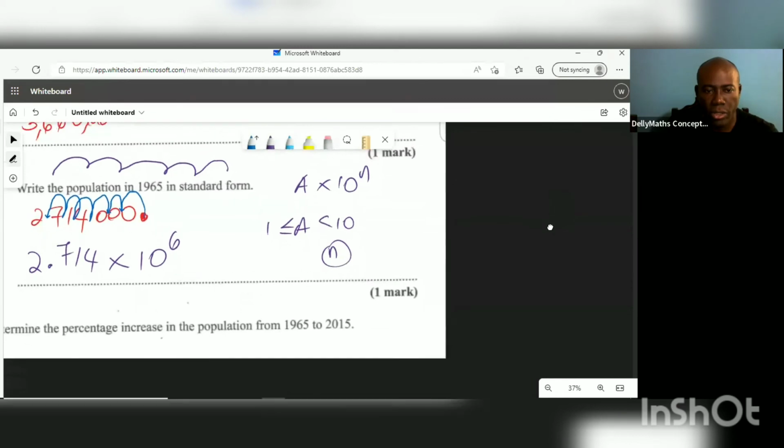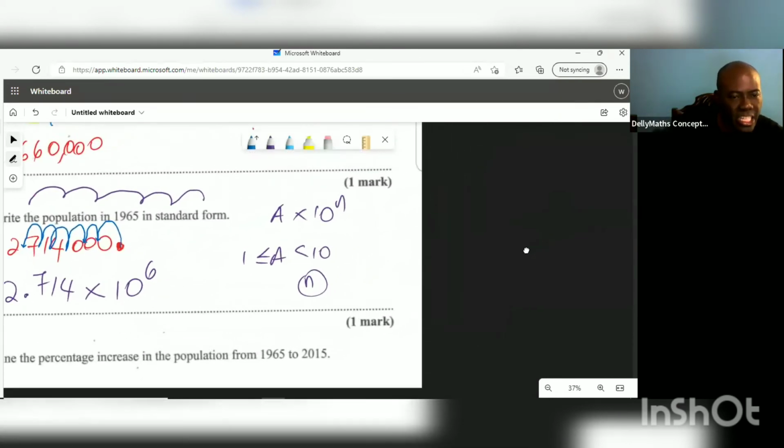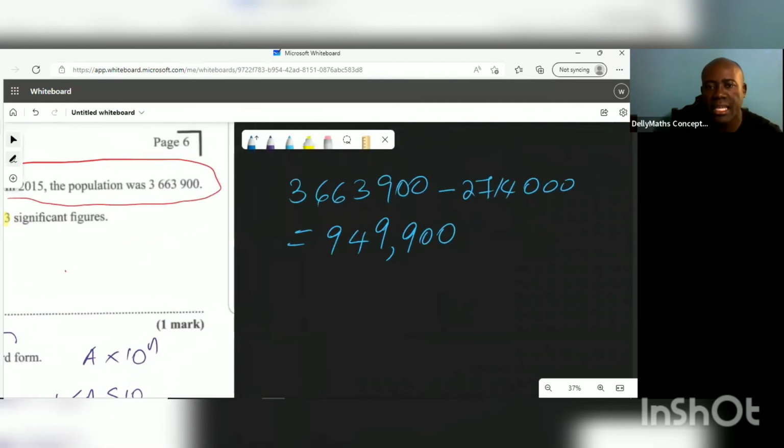But remember now, we must determine the percentage increase in the population. So this is the increase that we're looking at here, but we want the percentage increase, which means we need to put this 949,900 over the original figure, which is 2,714,000.